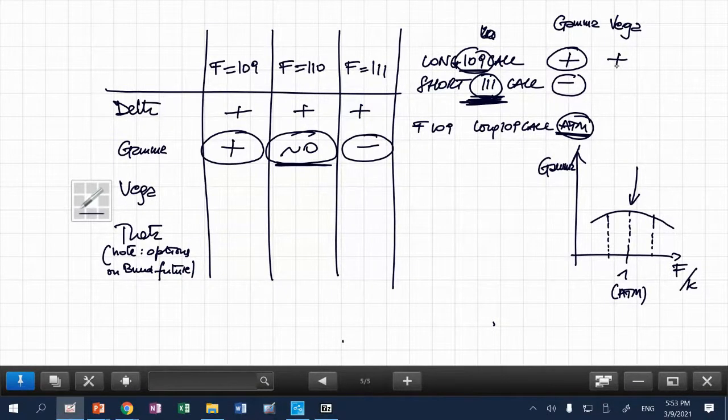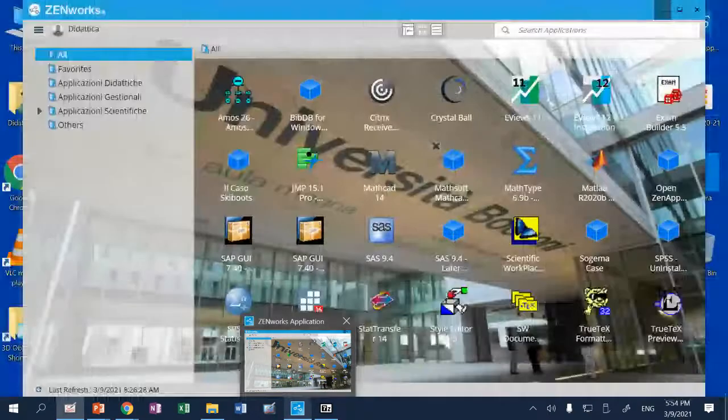So you're Vega positive here and negative on the other call, okay? And Vega also behaves more or less in the same way. So it's maximum at the money and goes up sort of symmetrically. As a consequence, Vega behaves exactly in the same way. So here you're Vega 0.